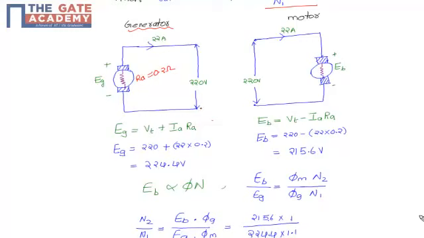This is the diagram for the generator, and for the motor the armature resistance is also the same, 0.2 ohm, but for the motor the current flows in the direction into the armature.